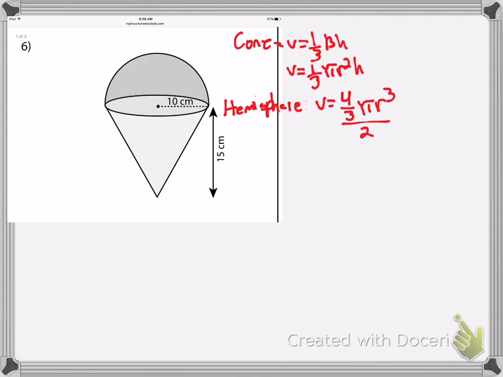Next, we have a cone, and we have a hemisphere again. Looks like an ice cream cone. You need to find the volume of the composite figure. So now we set this up using both of the formulas.